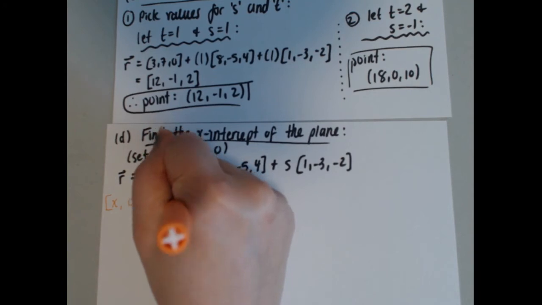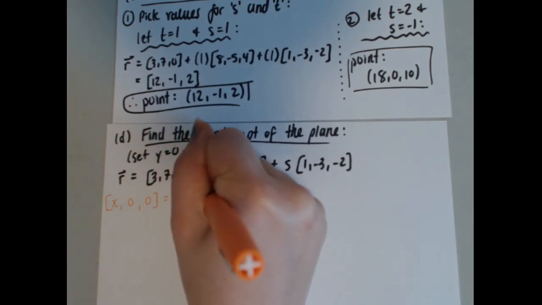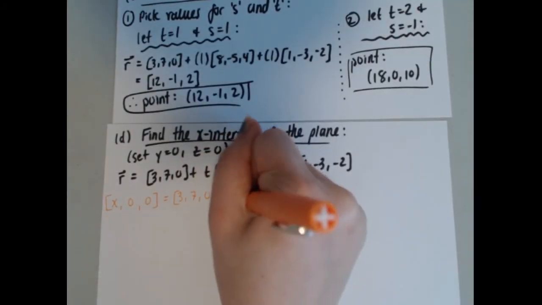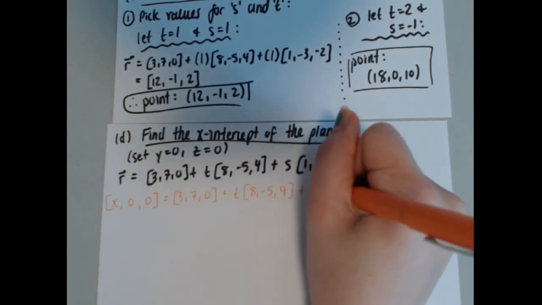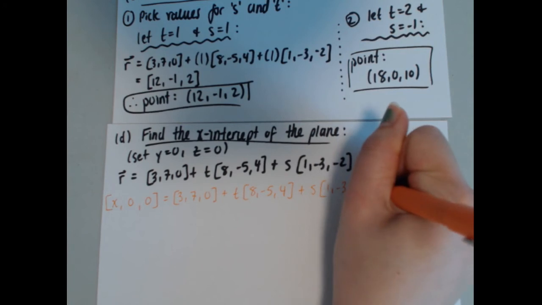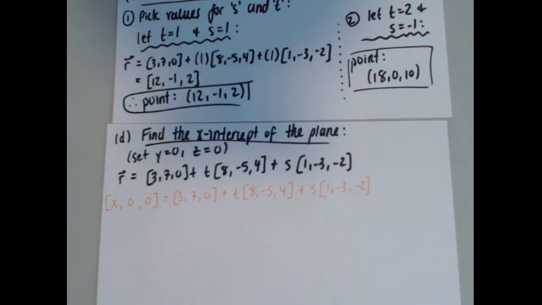So that gets set equal to (3, 7, 0) plus t(8, -5, 4) plus s(1, -3, -2). Once again, just like the previous example in part B, we have to come up with a series of 3 equations, 3 unknowns. Except this time, we know for certain that we are looking for the x-intercept, so we have certain values for y and z, which are 0 and 0.